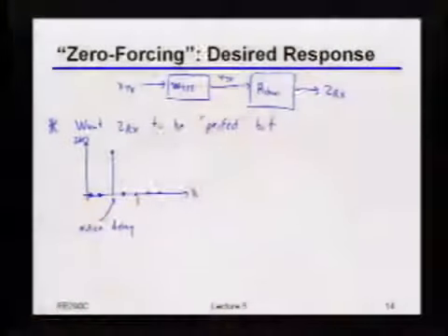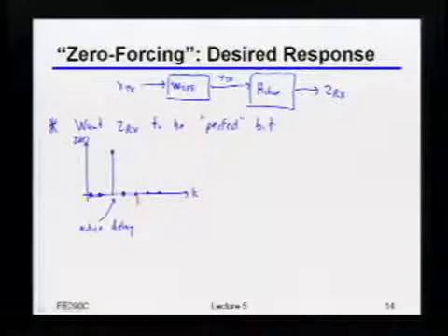Just be careful with that because it's a source of great confusion. If you don't place the desired thing in the right spot, your equalizer won't be doing exactly what you thought it was. Okay? So notice this desired thing, you have to insert the zeros in the right spot to get it to behave the right way. Okay?